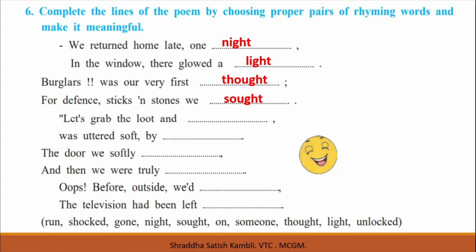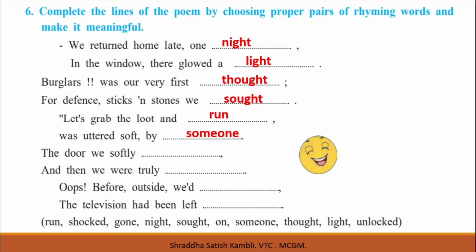Means we started looking for sticks and stones. Let's grab the loot and run was uttered soft by someone. So now they not only saw the light and they started speculating that there might be thieves in the house, but they also imagined that they are hearing someone saying, come on, let's grab the loot and let us run.